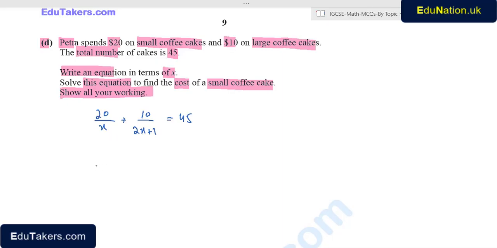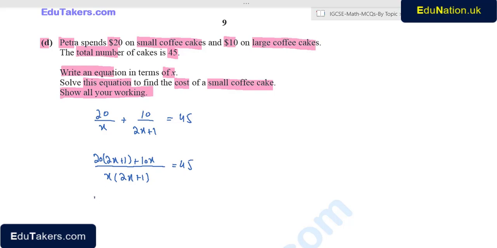Taking its LCM, that will be x into (2x plus 1). Here 20 into (2x plus 1) plus 10x equals 45 times that.